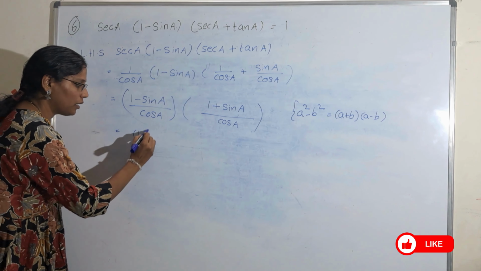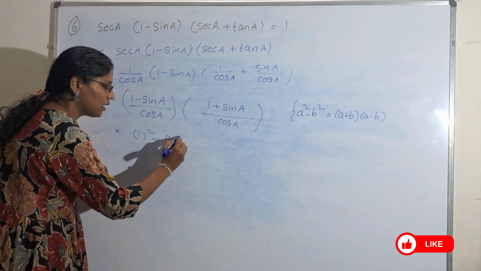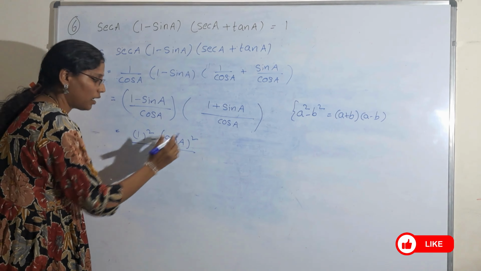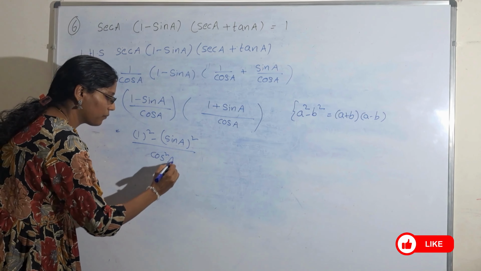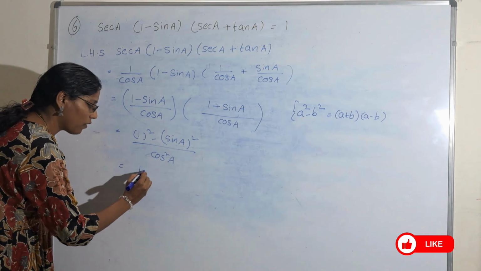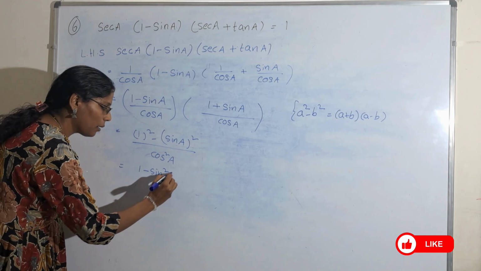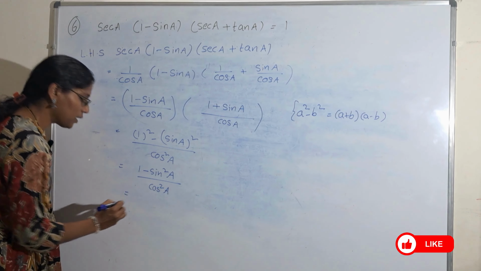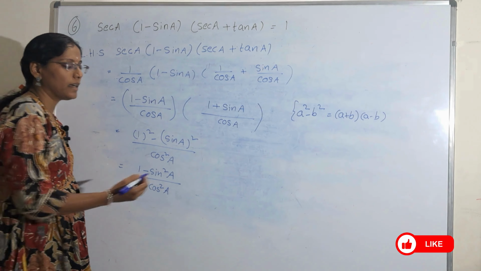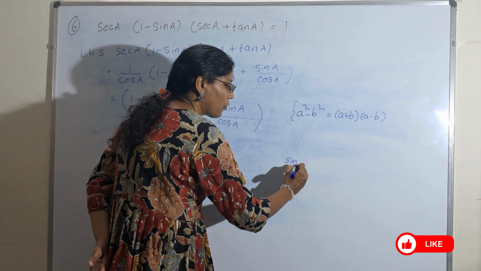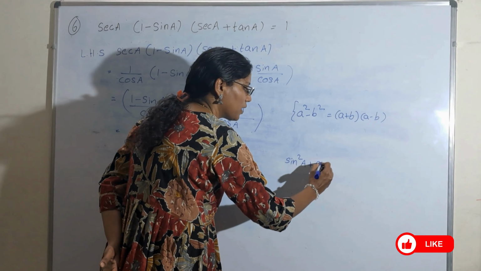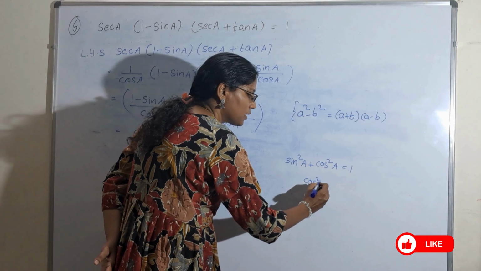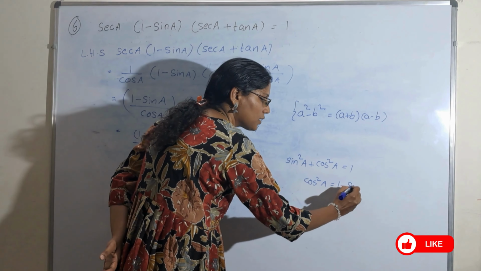Here 1 square minus sin A whole square, by cos A into cos A, cos square A. Here numerator 1 minus sin square A by cos square A. For 1 minus sin square A, use the identity sin square A plus cos square A is equal to 1. Here cos square A is equal to 1 minus sin square A.